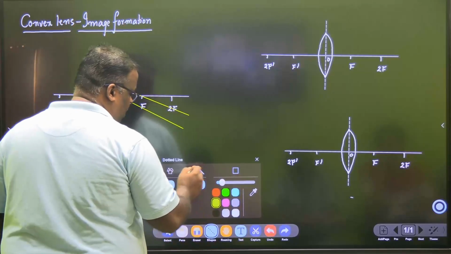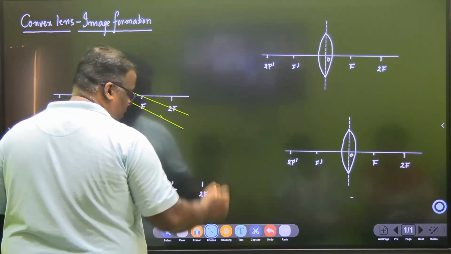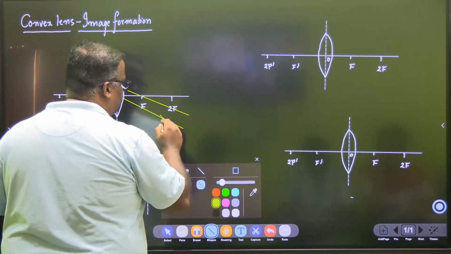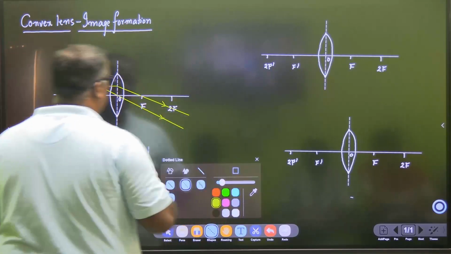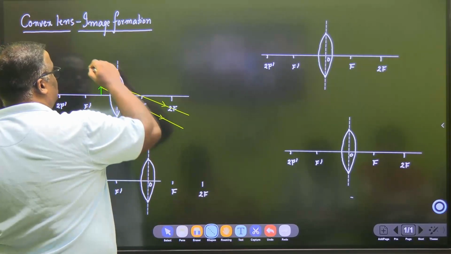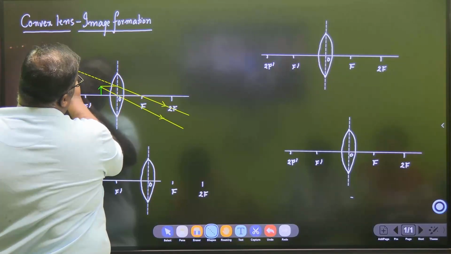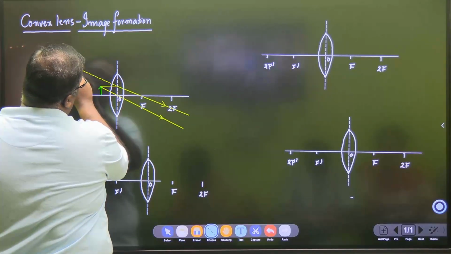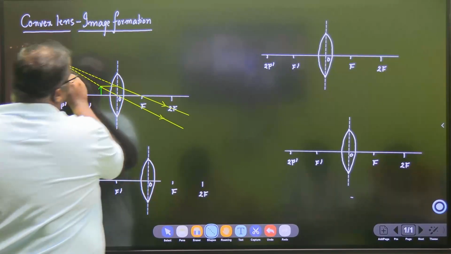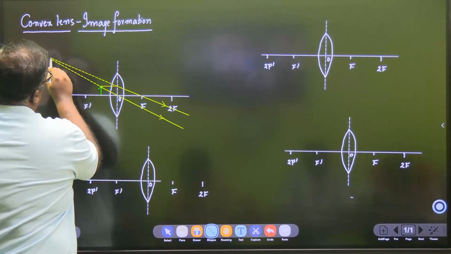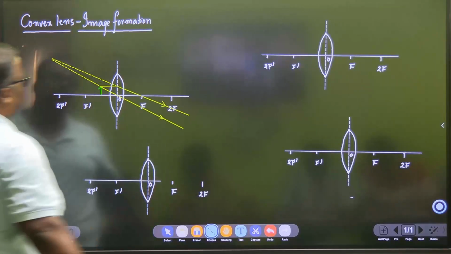These two rays will diverge out, and there is no chance of them meeting in the near future. So what we will do, we will extrapolate these rays and try to have the virtual image formation. You may find it a little bit absurd, but it's like this.